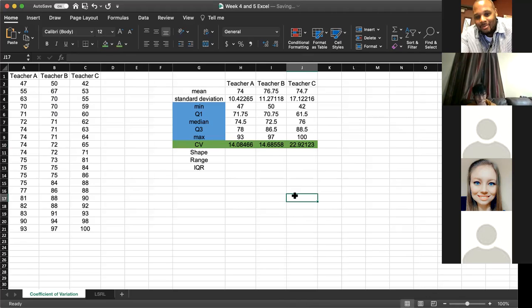And why are you telling me teacher A? If I want 2 reasons why, here are the 2 reasons. Teacher A has the smaller standard deviation. Teacher A also has the smallest coefficient of variation. I want both those reasons. Don't just tell me because of the standard deviation. I'm telling you that because your first project, and I'm going to give you an Excel, is going to ask you about consistency.